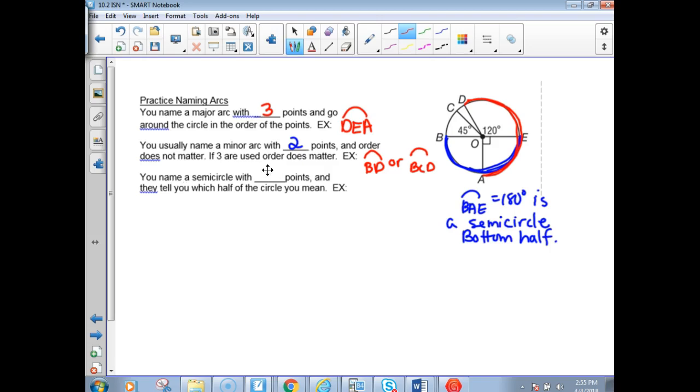You name a semicircle with 3 points, and they tell you which half of the circle you mean. For example, we already named arc BAE as 180, the bottom half semicircle. Let's name the other side. If we want the other semicircle, arc BDE would be the top half. That hopefully makes sense.